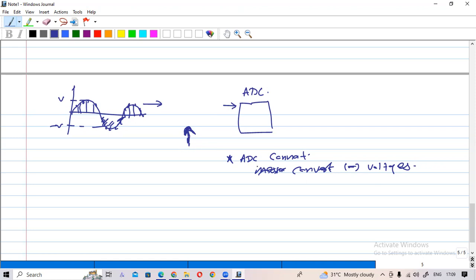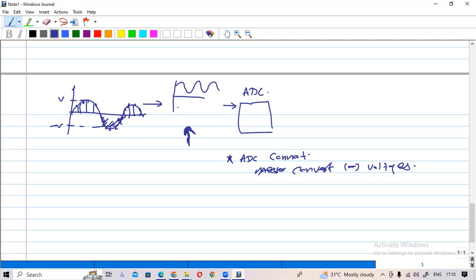You know what that is? You know the name. If you can't measure minus voltages, what you have to do? You have to shift this plus voltage, minus voltage to the plus side. Like this maybe.